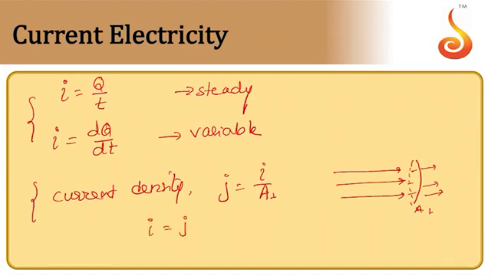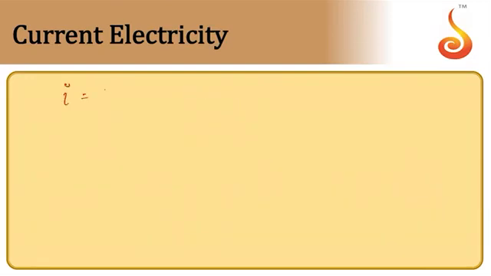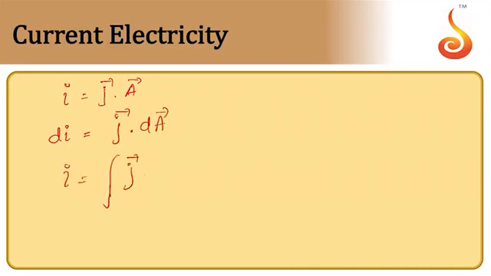Observe that current is written as J into A perpendicular, or this can also be written as I is equal to J dot A. Dot product is in terms of cos theta, therefore I is equal to J dot A. This can also be written as dI, the current density represented in terms of current over a smaller area, a small part, and that gives rise to J dot dA, or the total current enclosed because of this variable current density can be written as J dot dA.